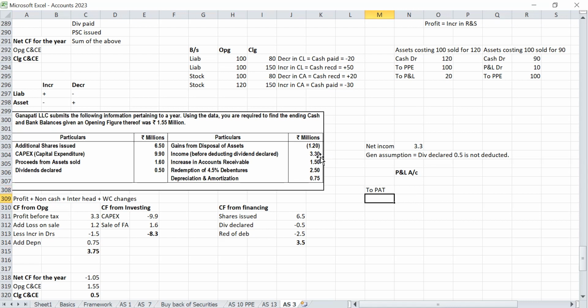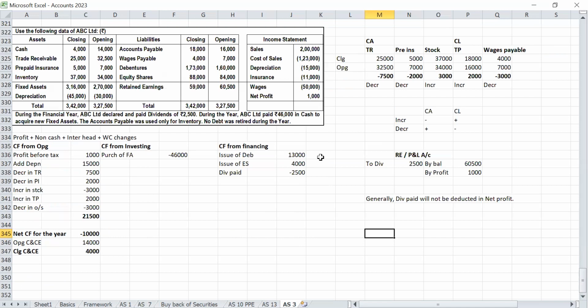So the profit and loss account's last line item is profit after tax, and dividend paid will not be deducted there. In the balance sheet, under reserves and surplus, profit and loss account, we deduct it separately. Okay?